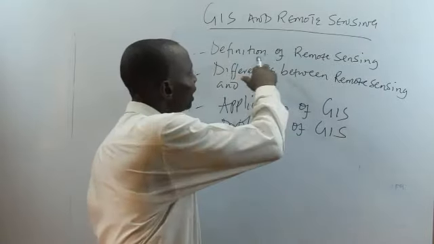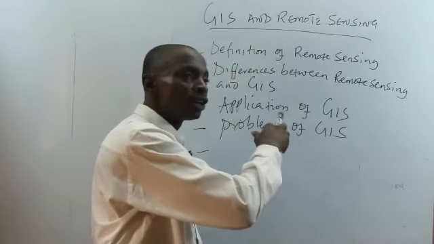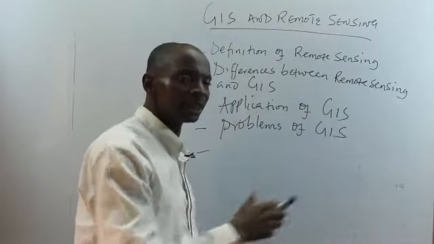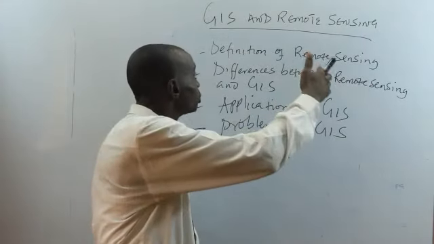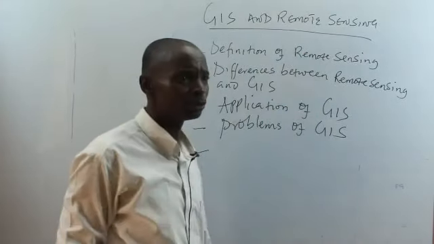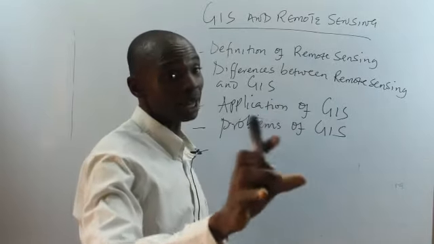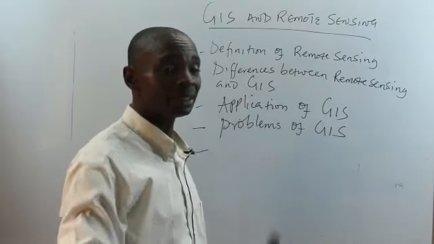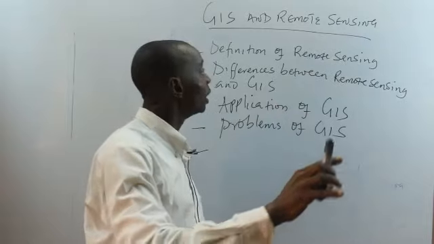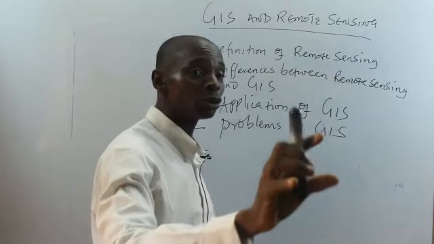So GIS and remote sensing go hand in hand. Anywhere you see remote sensing, we talk about GIS, because it is the function of remote sensing to capture raw data.